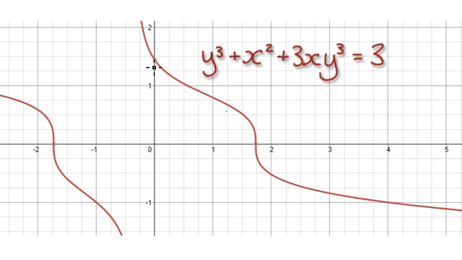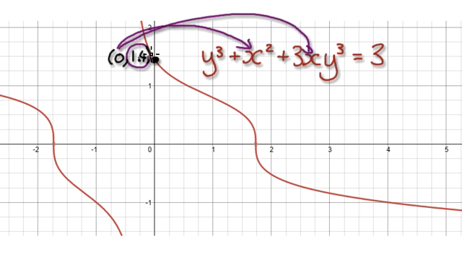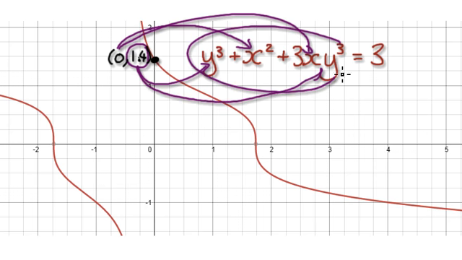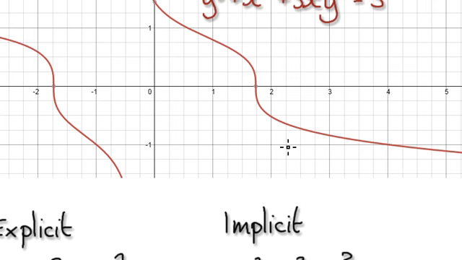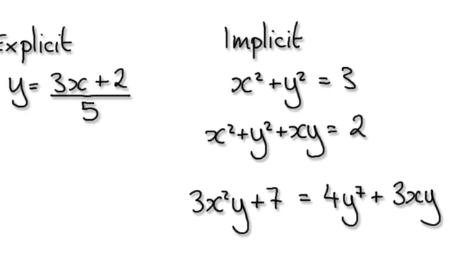If you select any point on here, let's say this point here, 0, 1.4, you put 0 into here and into here, and 1.4 into here and into here, then this whole side equals this side.